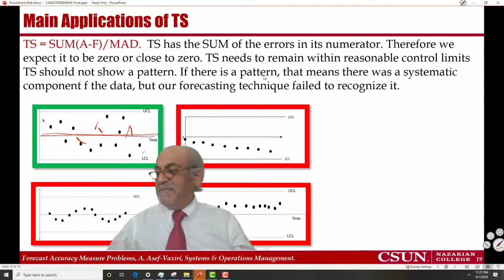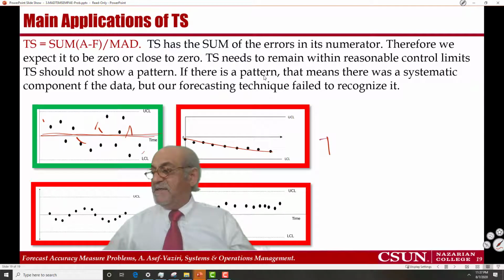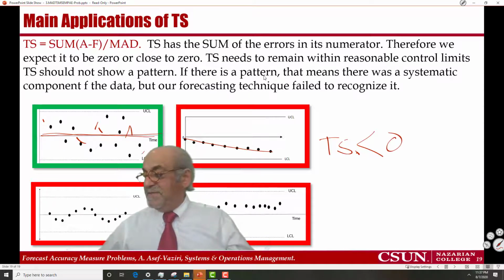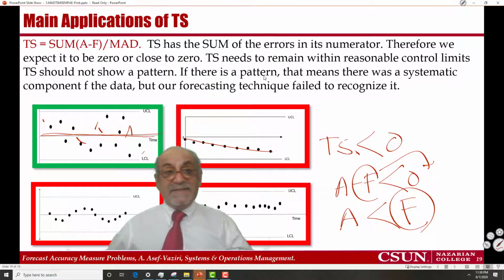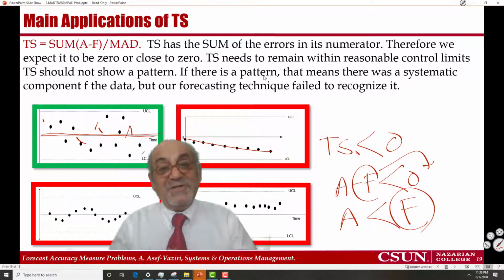Here I see a pattern. Tracking signal is continually less than 0. What does it mean? That means A minus F is less than 0. So if I take F to the other side, it is A is less than F. That means our forecasting technique always tells us something which is larger than actual.